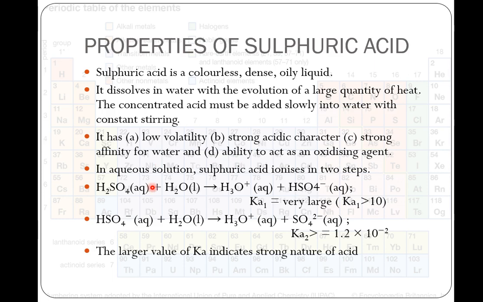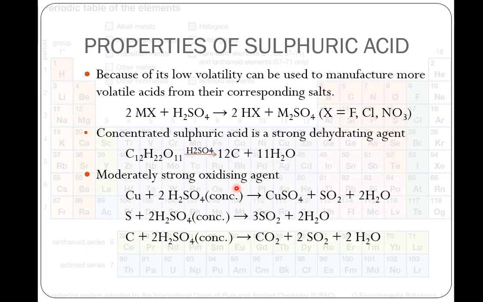In aqueous solution, it ionizes in 2 steps. First, it will form hydrogen sulfate ion and then sulfate ion. The large value of Ka1 means H2SO4 is largely dissociated into H plus ions and HSO4 negative ion. The greater dissociation Ka2 also means the same. The greater value of Ka means that it is a strong acid.